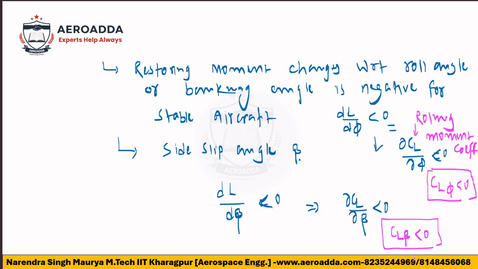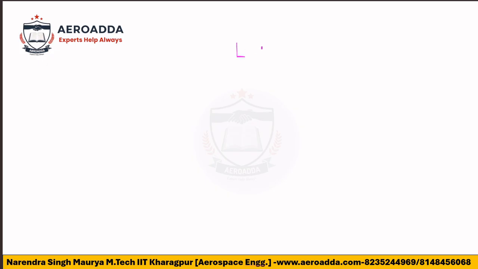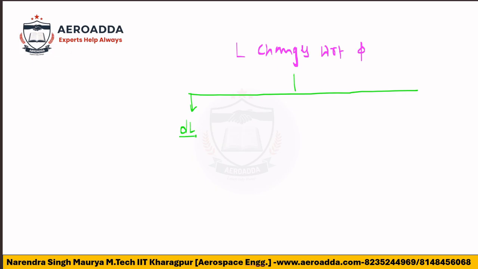So you can define that L changes with respect to phi, and that will be dL by d phi less than 0 or equal to 0.